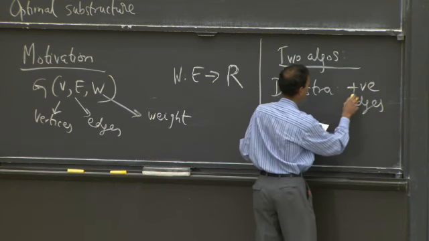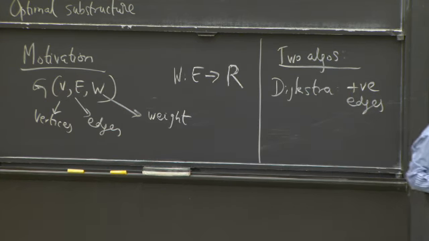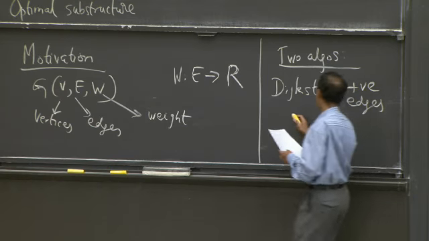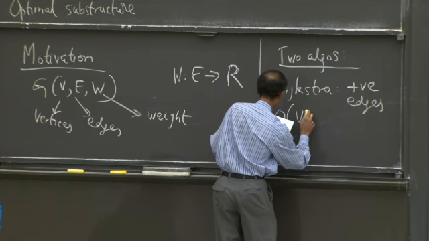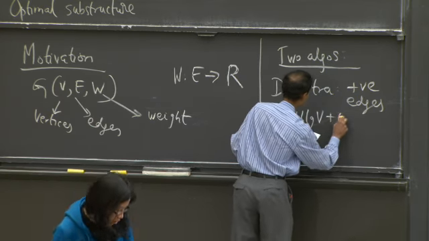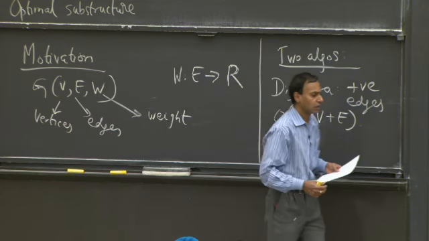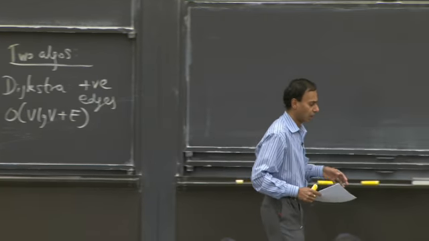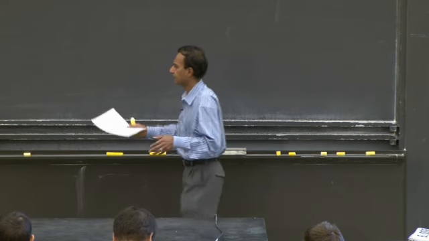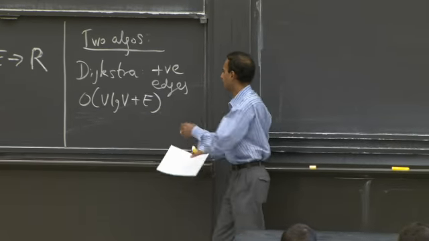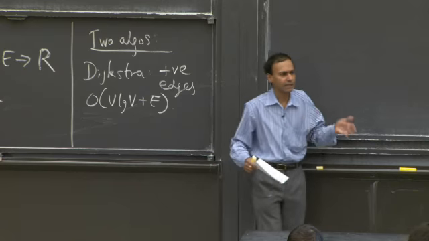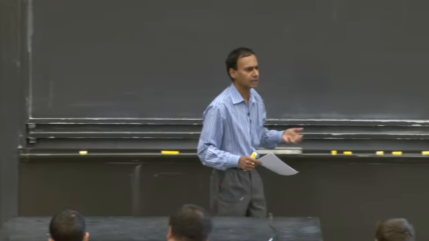So read that as non-negative. And that has a complexity of order V log V plus E. All right? So this is practically linear time, and typically, you're going to be dominated in many cases by E.